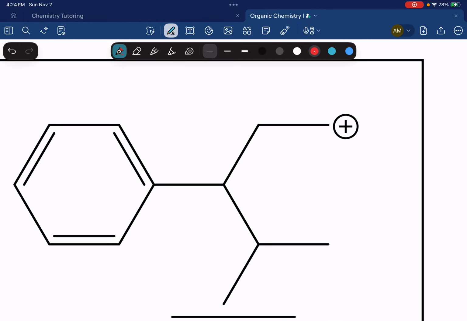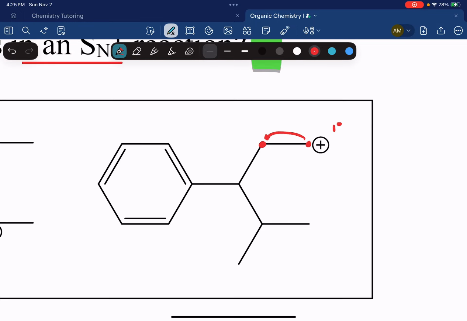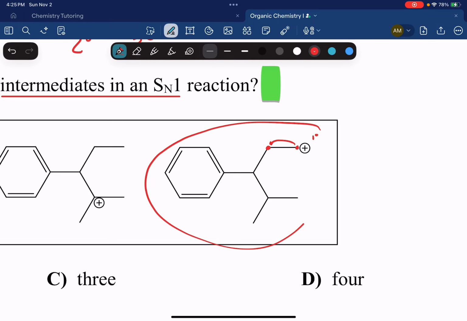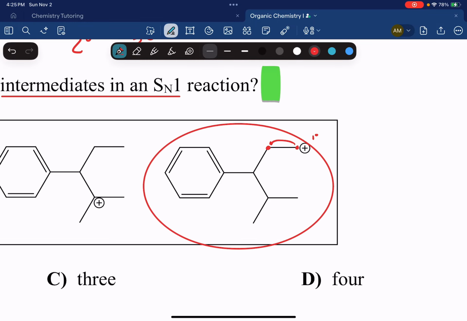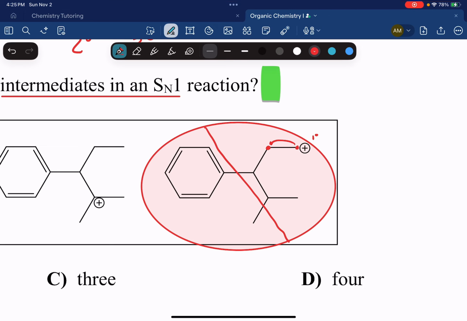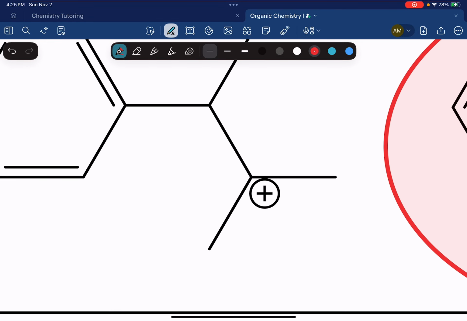Okay, so let's look. Starting at this one, what kind of carbocation is this? Primary. We're looking at this carbon here, right? And it's only connected to one carbon. This is primary. So it can't be this. That's wickedly unstable. Okay. Good enough. All right. Let's look at this one.